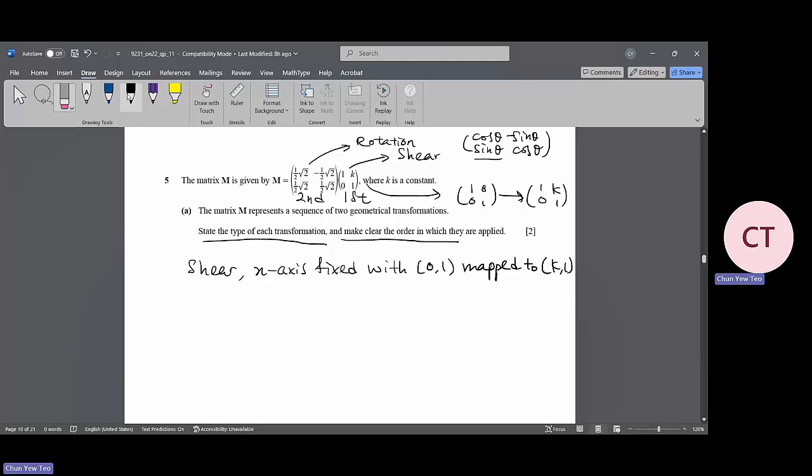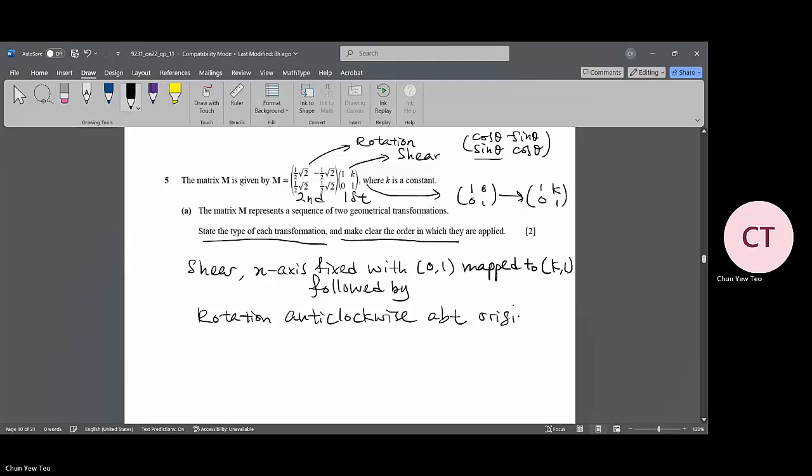So followed by rotation anti-clockwise, rotation anti-clockwise about the origin through 45 degrees.